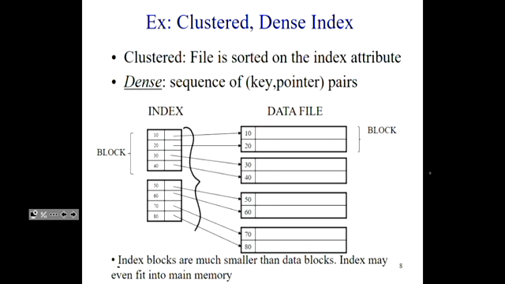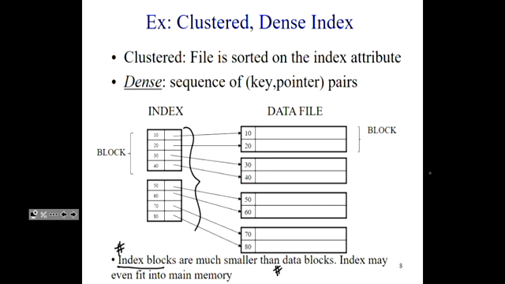So the number of index blocks is much smaller than the number of data blocks, and therefore the entire index may end up fitting in main memory. Okay, so we'll work through a calculation that will hopefully illustrate that that is actually the case.